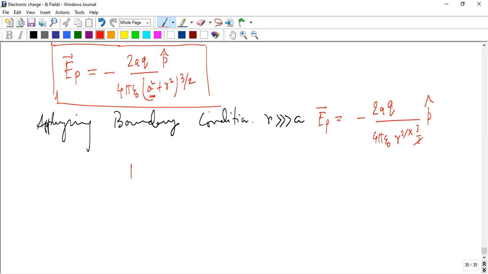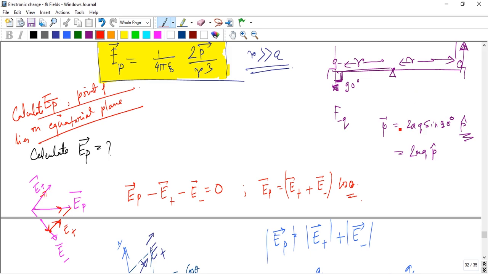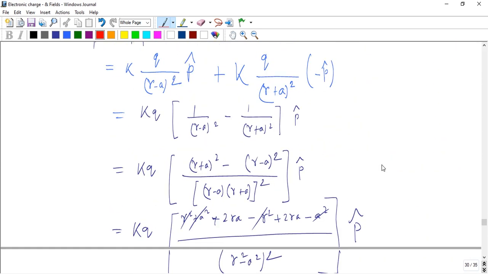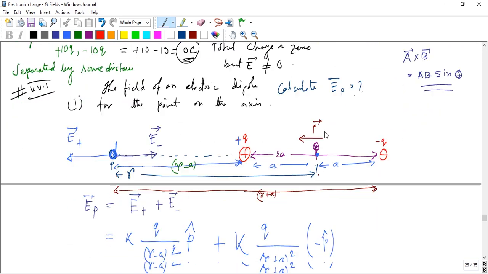So we get final E_P, that is equal to minus. What is the value of 2aq and p cap? Okay, so we get that value here. So that is the dipole moment vector, that is equal to 2aq.